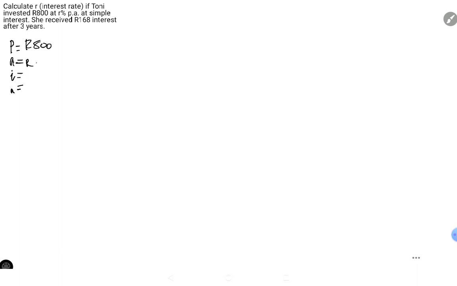Our final amount, that is 800 rands plus 168, which equals 968. Okay, so let me explain to you how that works. It says that she received 168 interest after 3 years. Do you see that? So after shows us that this is at the end of this investment.